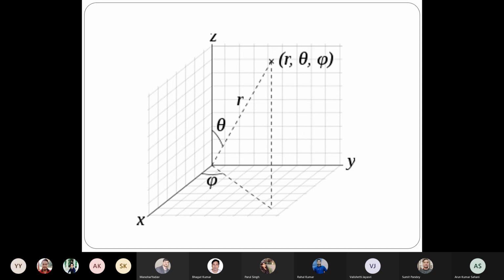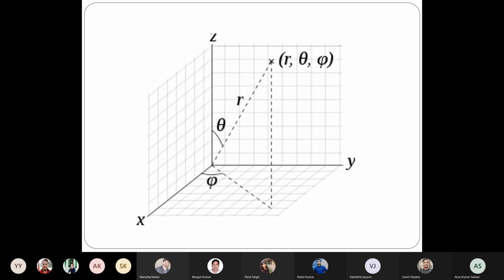Okay. So once we have fixed the direction of three axes and we have fixed the location of origin, the coordinate system is defined. Okay. One more parameter we include over here is whether it is a right-handed coordinate system or left-handed coordinate system.